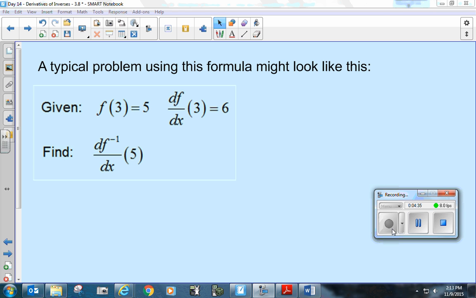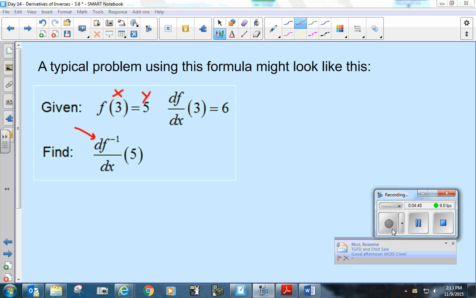If you're given f of 3 and it equals 5, okay? Now let's not forget, this is the coordinate x and y value. So when I do the inverse, they switch, right? The 5 now becomes the x value, doesn't it? That is going to equal 1 over the derivative of the function at that point.